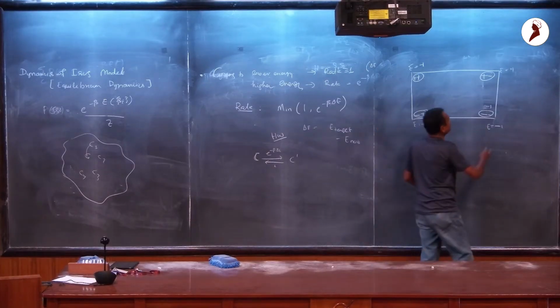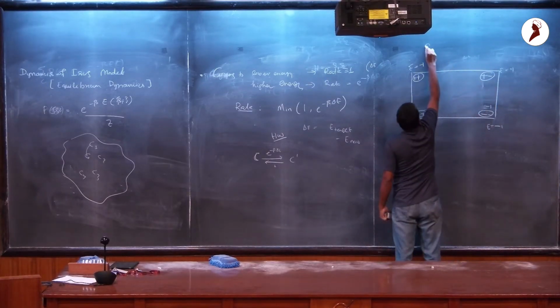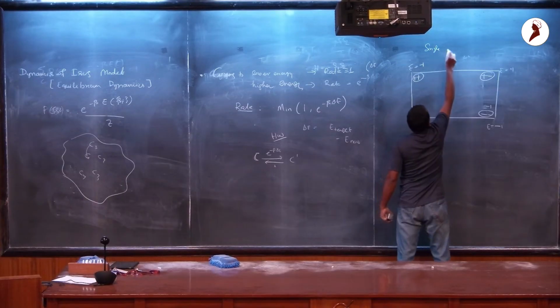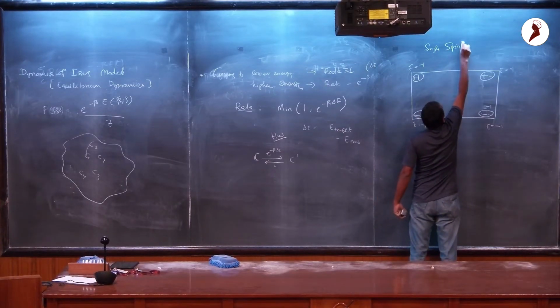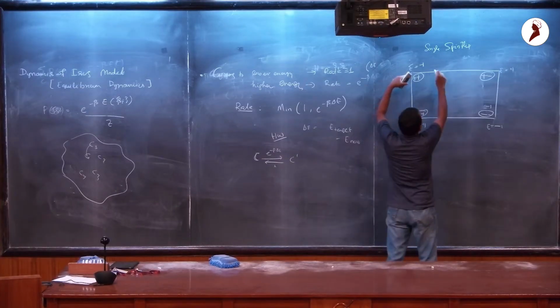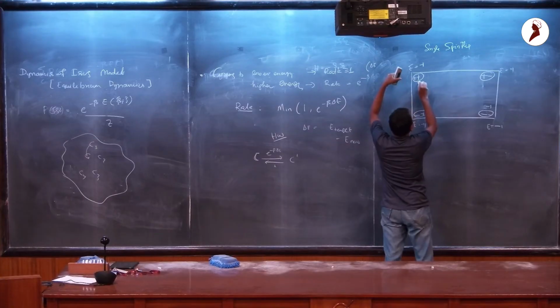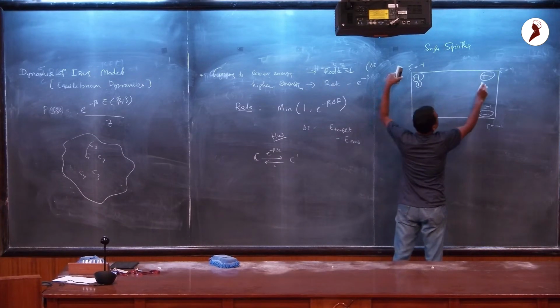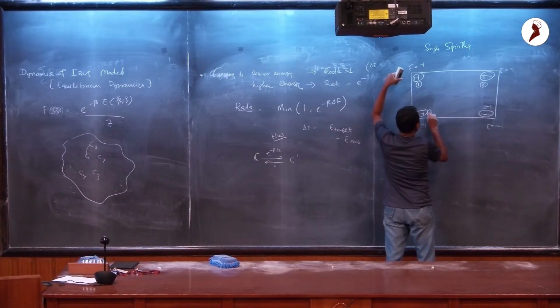So you want to restrict to single spin flip dynamics. Can you tell me what the rates are from here to here? I will name them also. This configuration is 1, this is 2, this is 3, this is 4.